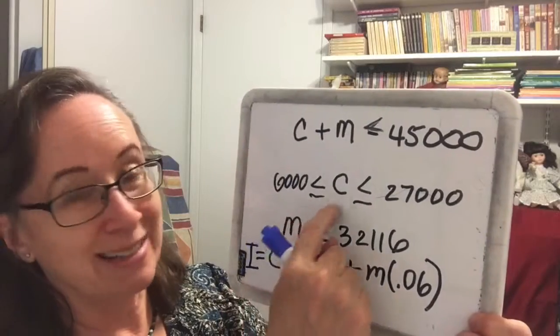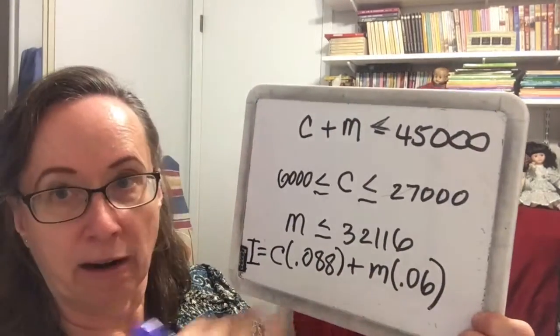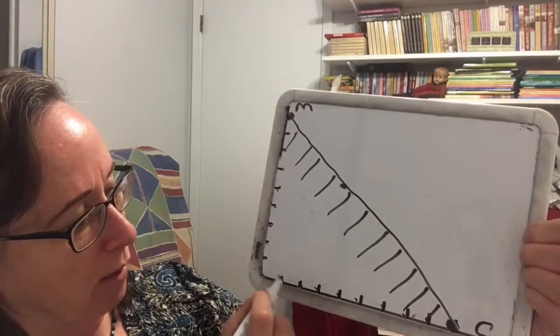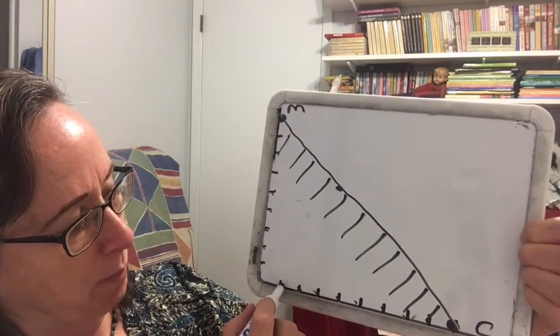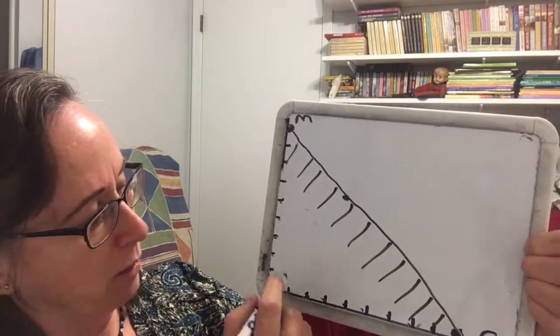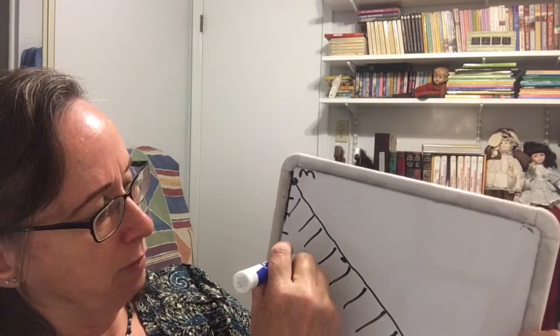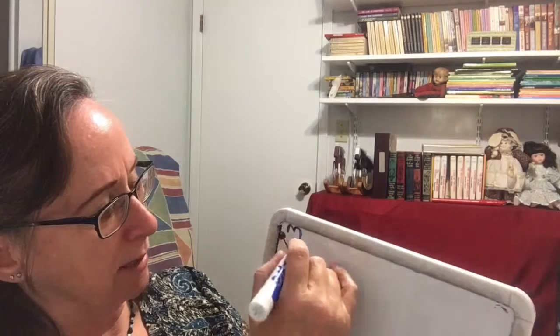And so our C is our x-axis there. So what we're going to do is 6 and 27, because we're using everything in thousands. And we say, okay, so 5, 6 would be about right there. And so we're going to draw a line up through there. That's my 6,000 line.